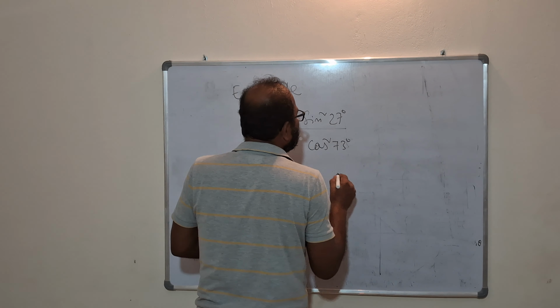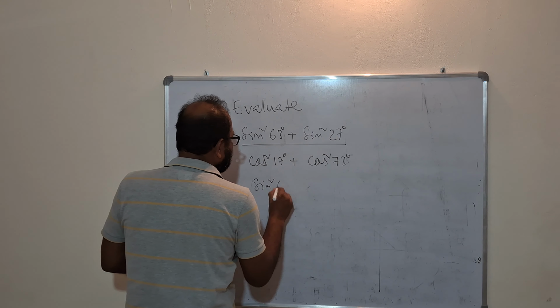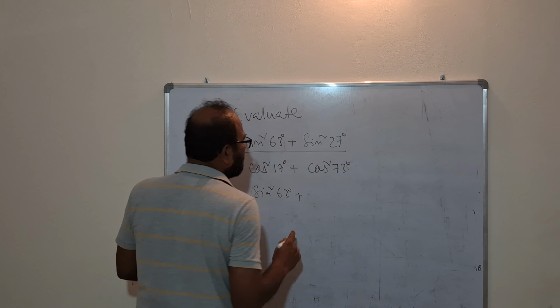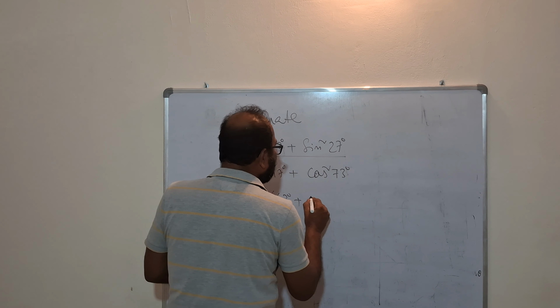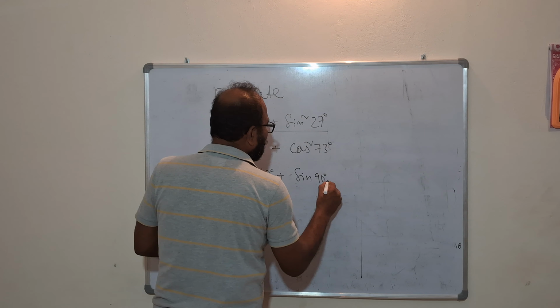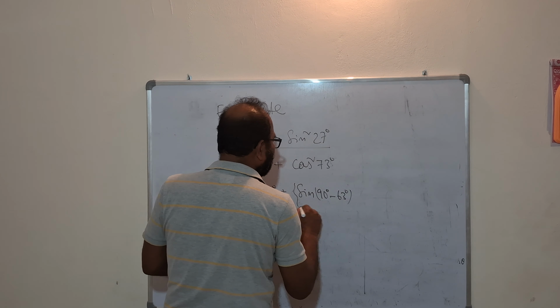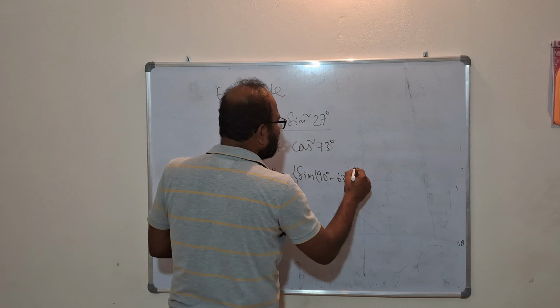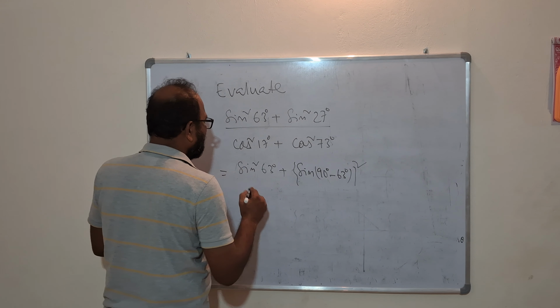So that is equal to sin square 63 degree plus, you have to convert it into cos. So what you write? Sin square of 90 minus 63 degree, since 27 is given, 27 means 90 minus 63.